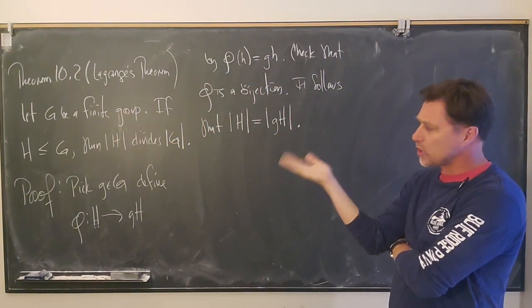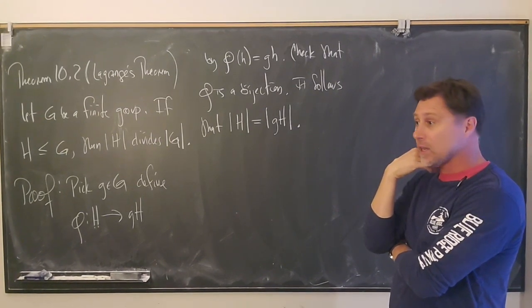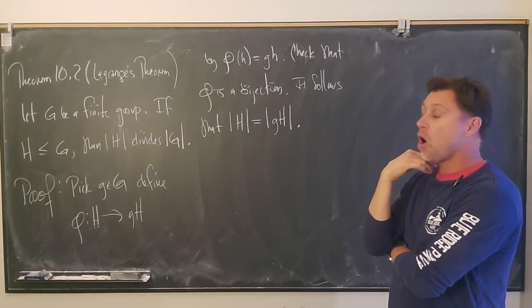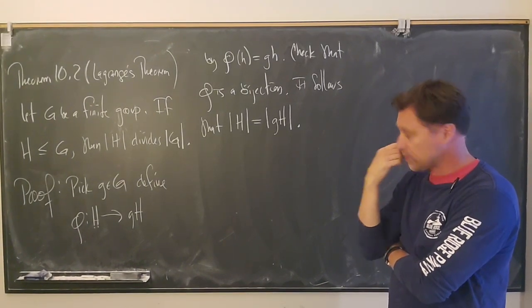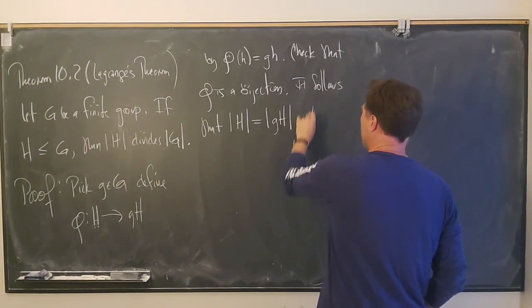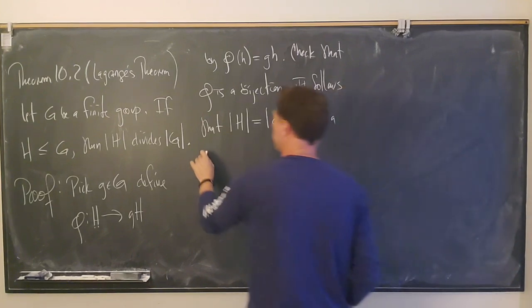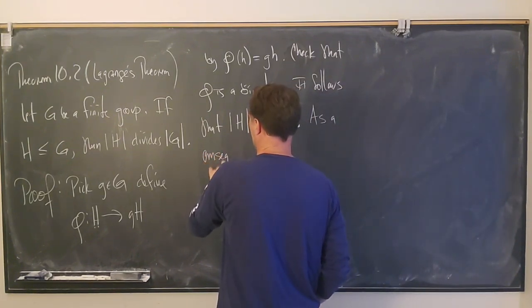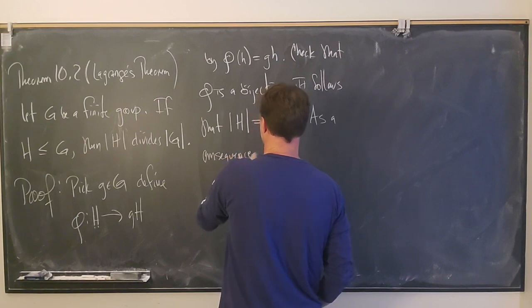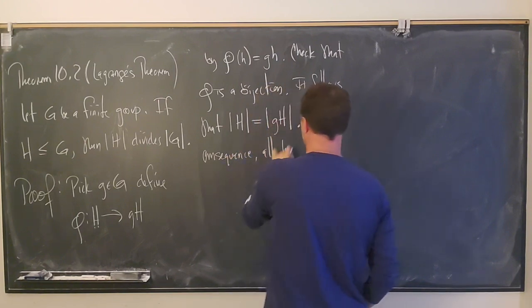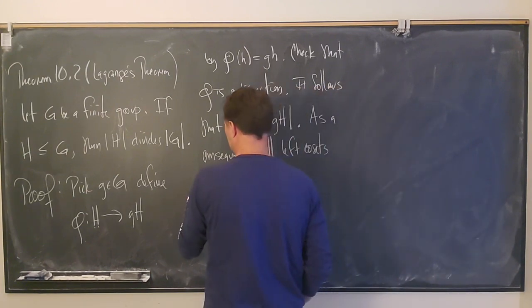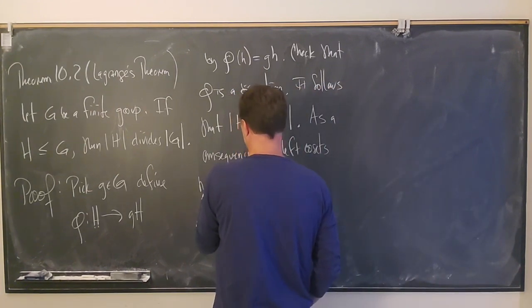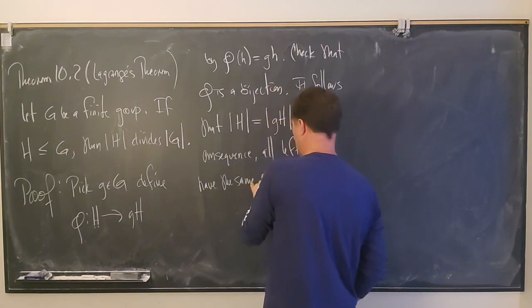And because g was chosen arbitrarily, all left cosets have the same size. So as a consequence, all left cosets have the same cardinality.